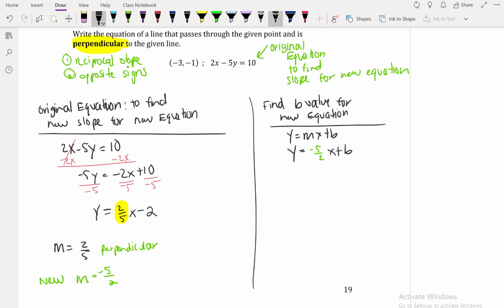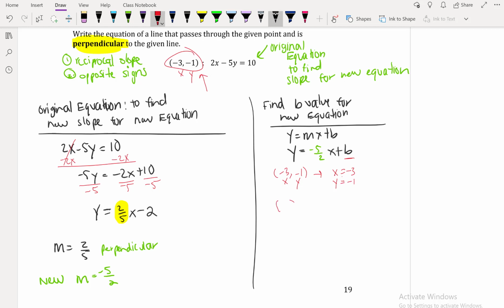And to find that b value, I'm going to use my x and y here. All we have left to do is find the b value. So I'm going to plug in my ordered pair -3, -1, which tells me that x is equal to -3 and y is equal to -1.